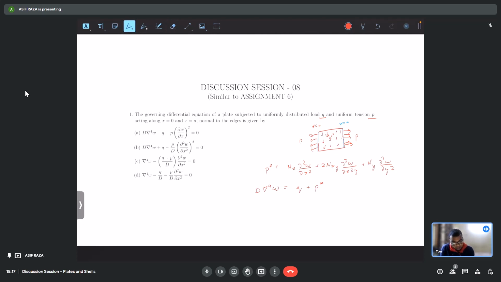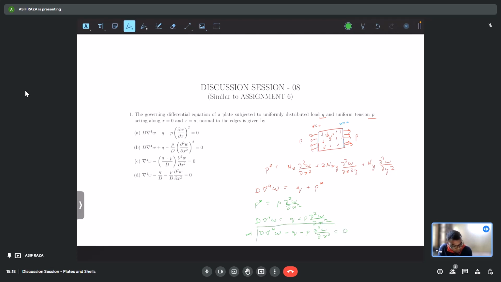In the given problem, p star is equal to P del square w by del x square. So the plate equation now changes to D del to the power 4 w minus q minus P del square w by del x square equal to 0.